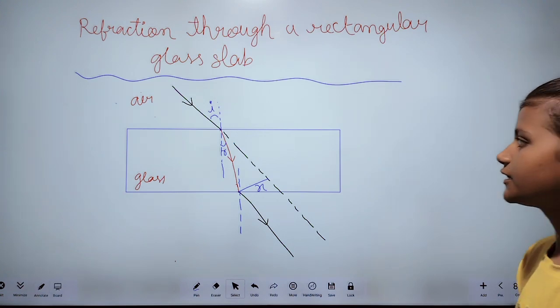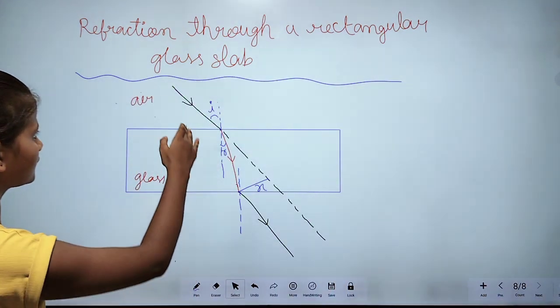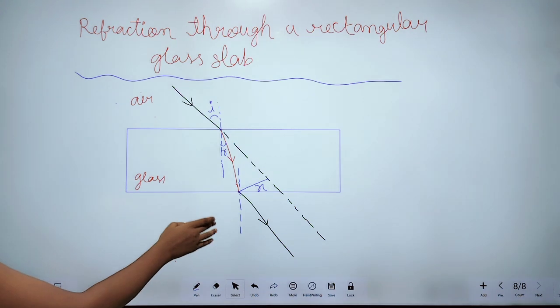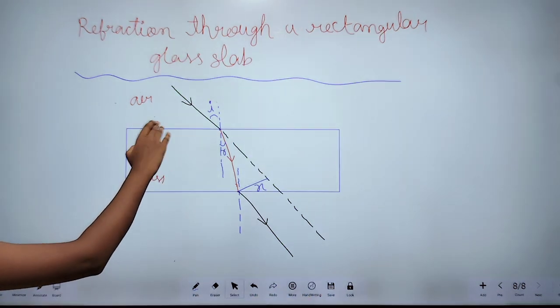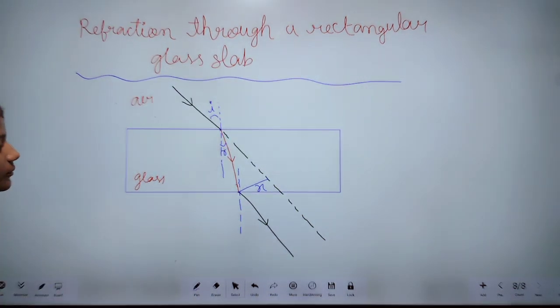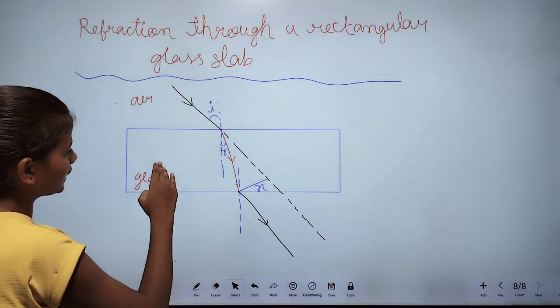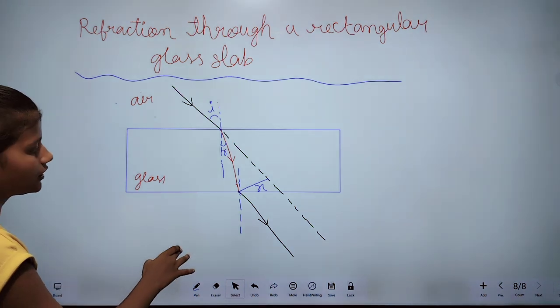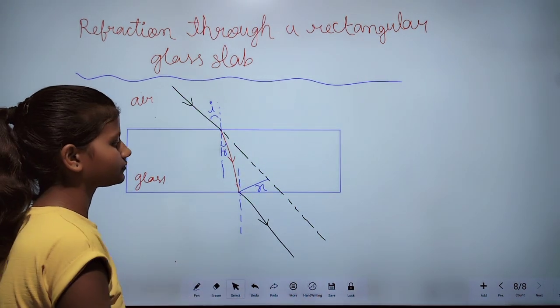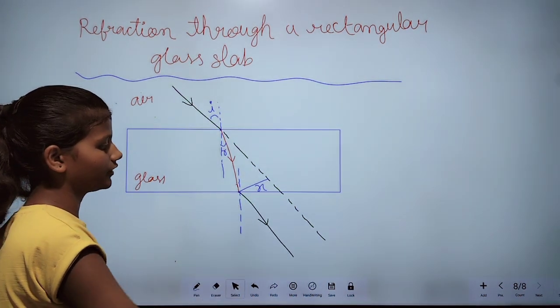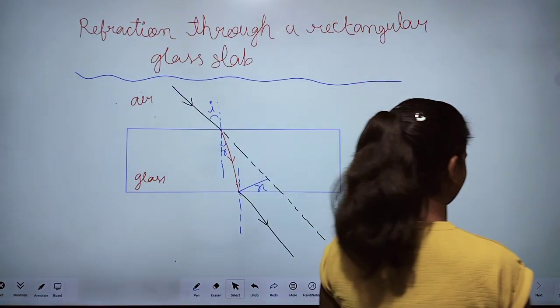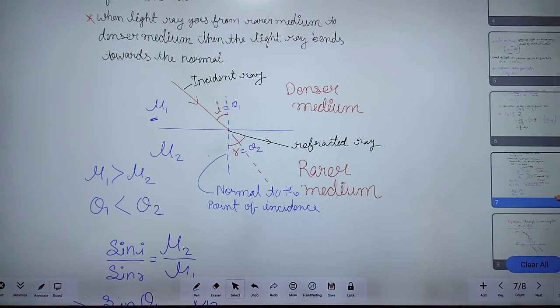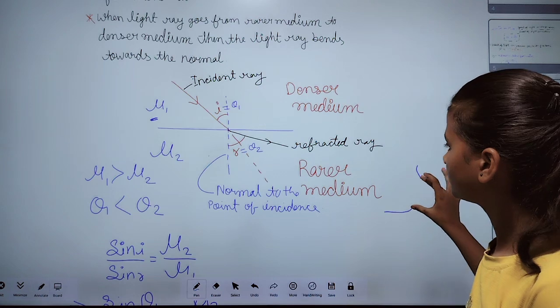Here you can see that this one is the light ray, and it goes from a rarer to a denser medium, so it bends towards the normal. And this one is our light ray that goes from a denser to a rarer medium, so it bends away from the normal.